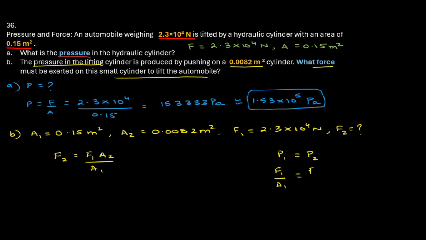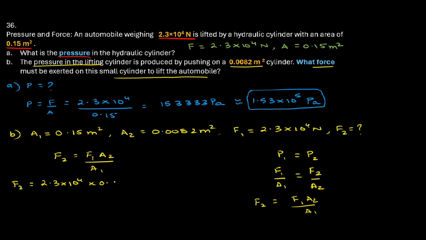In the other, you can write it as F2 over A2. And when you multiply with A2 on both sides, you get F2 equal to F1 A2 over A1. So you can arrive at this rule by using either Pascal's principle or just directly using the formula for hydraulic lift.